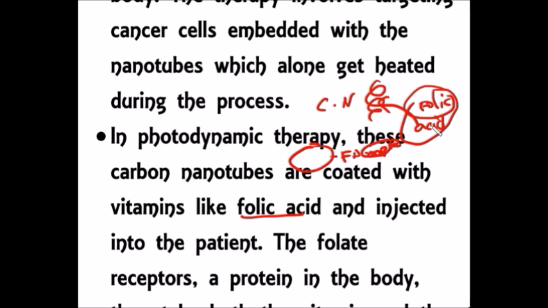The receptors bind the folic acid found in the carbon nanotube, and both get inserted into it. And folic acid is important for formation of DNA, or you can say simply genes. So when you pass the infrared wavelength, the DNA of the tumor gets damaged and normal cells will not get affected because of this.